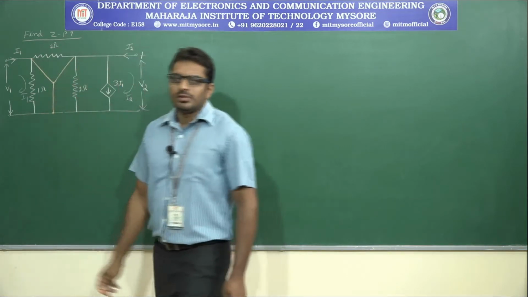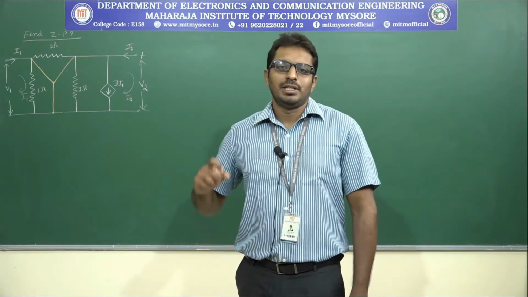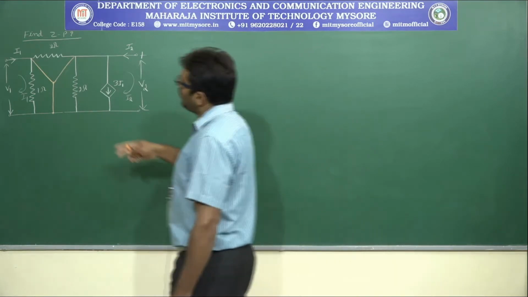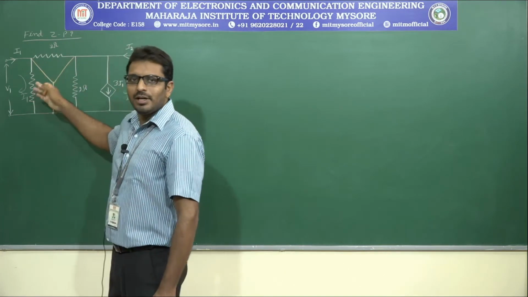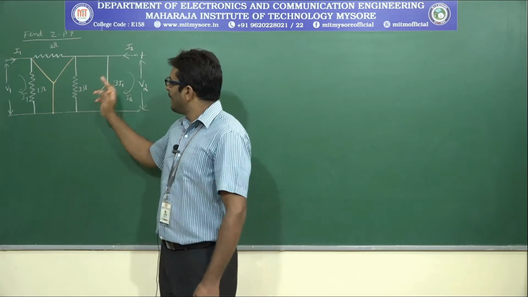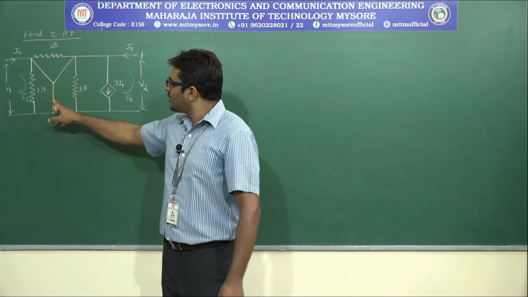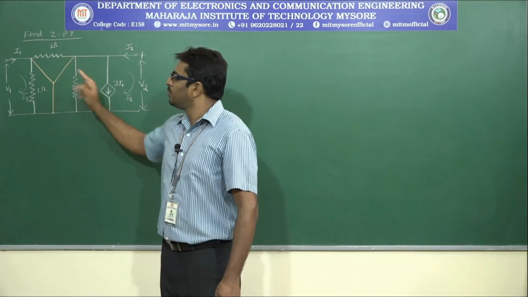We discussed how to obtain the star equivalent for a given delta connection. This resistance is 2 into 1 divided by 2 plus 1 plus 2. Similarly, 2 into 2 divided by 2 plus 2 plus 1, and 1 into 2 divided by 1 plus 2 plus 2.